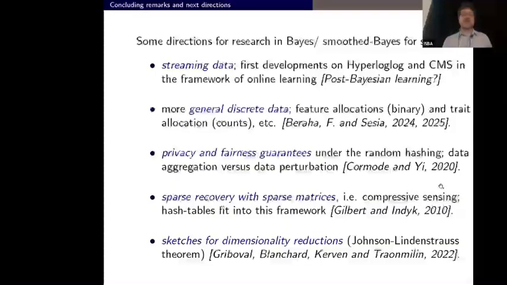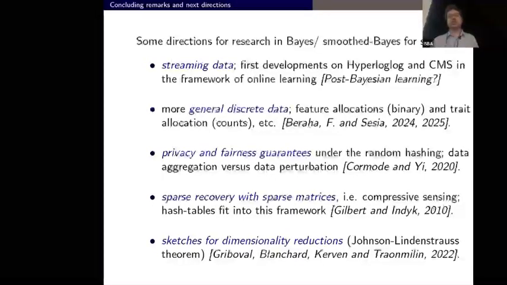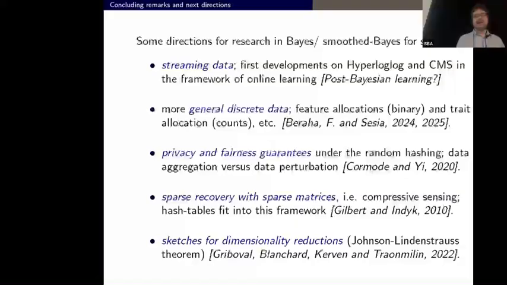Also, very recently, sketches have been applied in a different direction. Here I apply sketches to compress my observations, but sketches can also be applied for dimensionality reduction. You can apply this machinery of sketching to reduce dimensionality as per the Johnson-Lindenstrauss theorem.